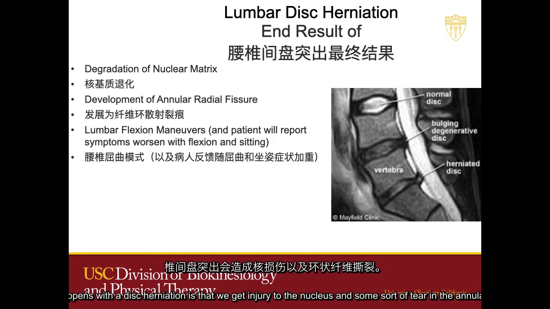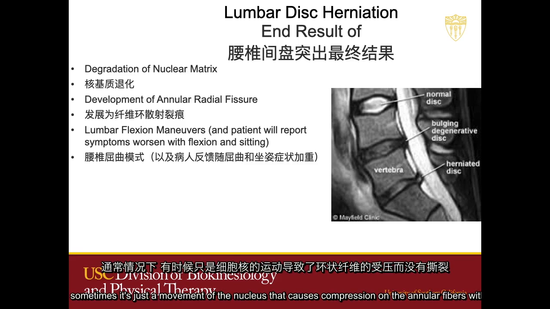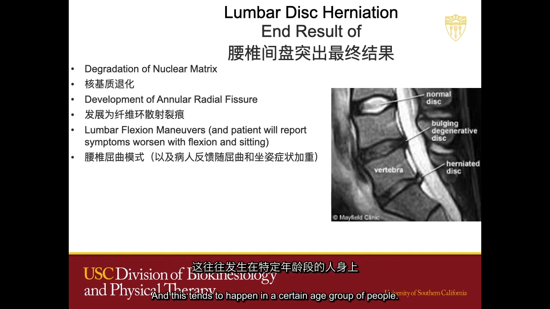And so again, what happens with a disc herniation is that we get injury to the nucleus and some sort of tear in the annular fibers, usually. Sometimes it's just a movement of the nucleus that causes compression on the annular fibers without a tear. And this tends to happen in a certain age group of people.